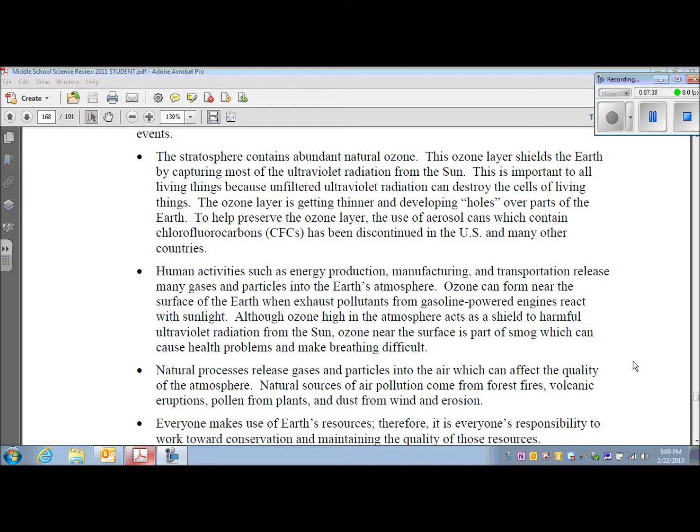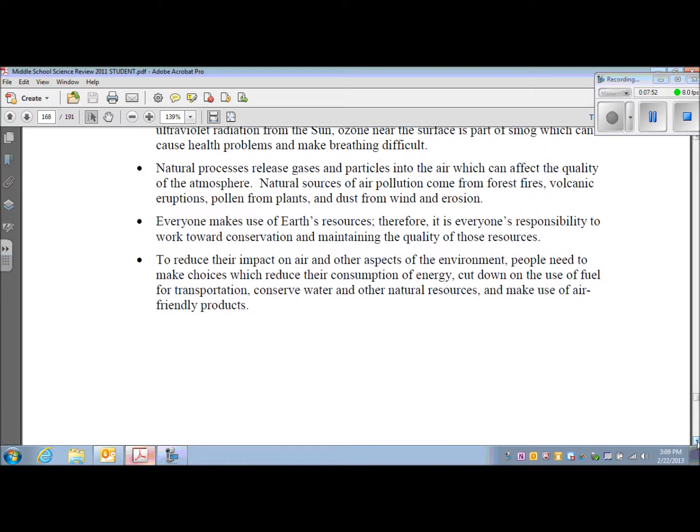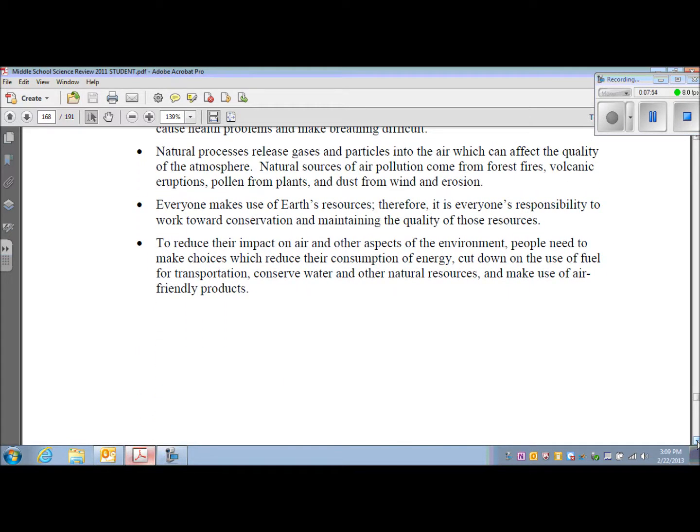Although ozone high in the atmosphere acts as a shield to harmful ultraviolet radiation from the sun, ozone near the surface is part of smog, which can cause health problems and make breathing difficult. Natural processes release gases and particles into the air which can affect the quality of the atmosphere. Natural sources of air pollution come from forest fires, volcanic eruptions, pollen from plants, and dust from wind and erosion.